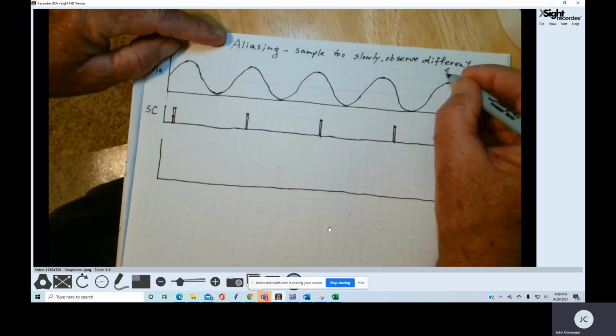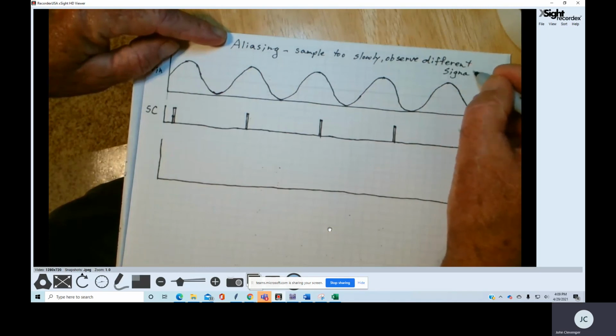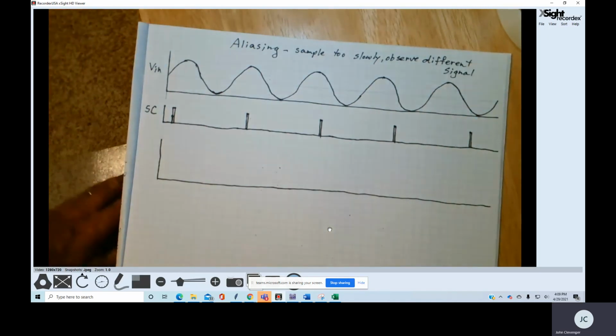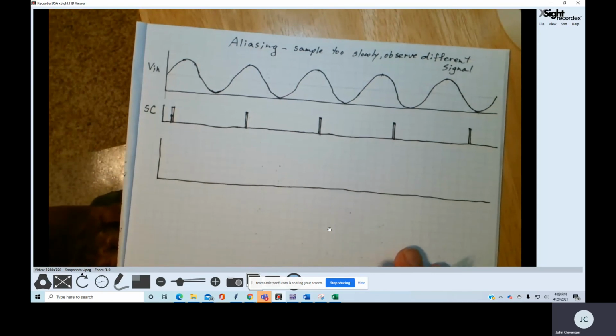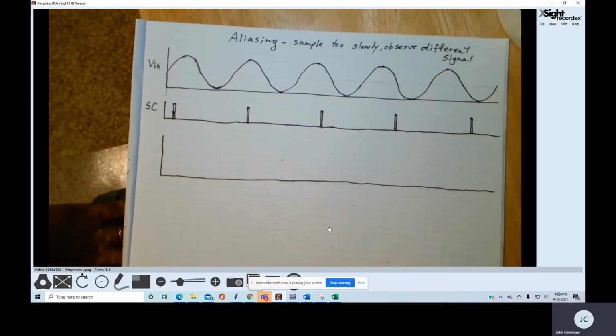Yeah, different, fit that in right here, a different signal. And again, aliasing, if we look up the definition, is what happens when we cannot discern or differentiate between the input signal and some other signal.